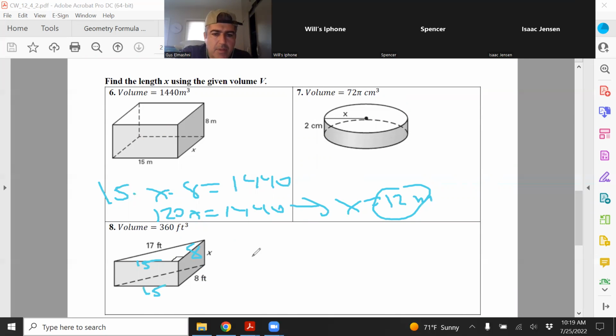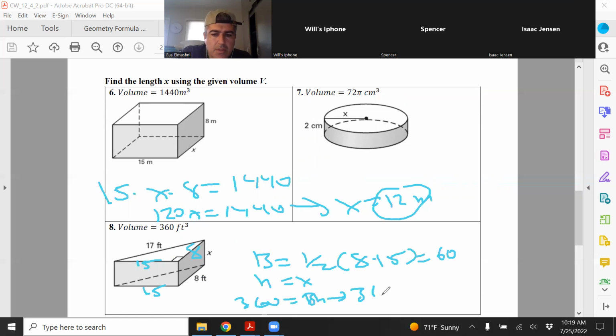So your base is 1/2 times 8 times 15, which would be 60. The height, of course, is x. So 360 equals BH. So you get 6 feet, that one.